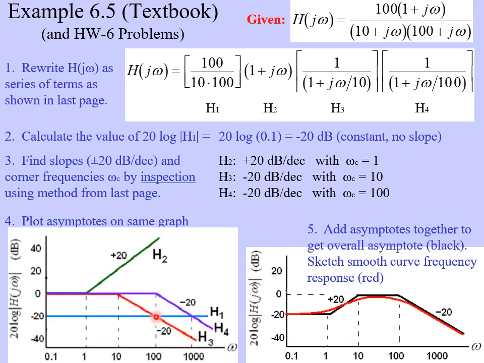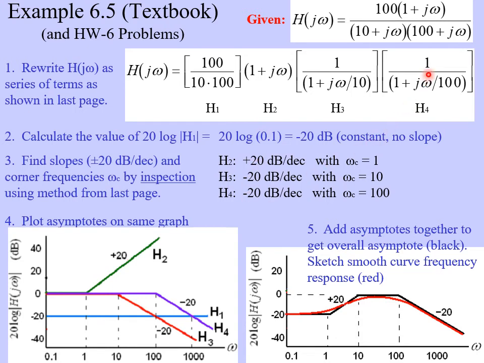And again, remember what this slope means. If I start here at 0, I'm going to drop down to -20 decibels in 1 decade. So I'm going from 10 to 100 in frequency. That's a decade. My slope has to be exactly -20 decibels. And likewise, from here to here, I go from -20 to -40, and that's 1 decade going from 100 to 1000 in frequency.